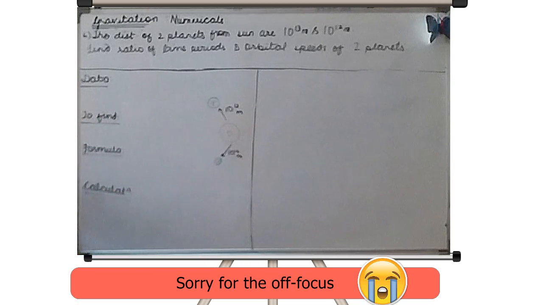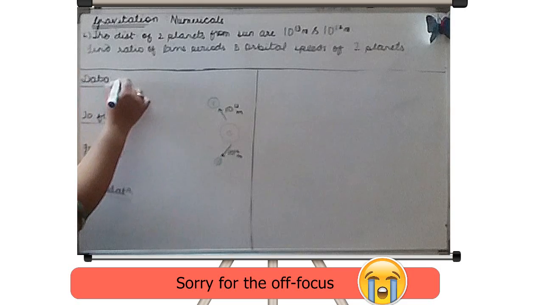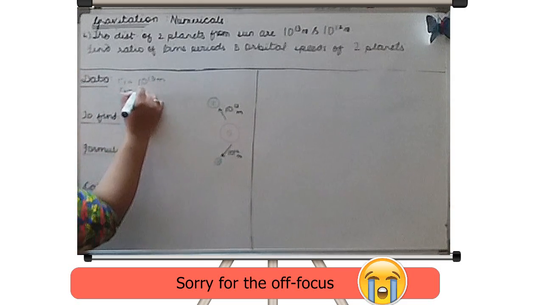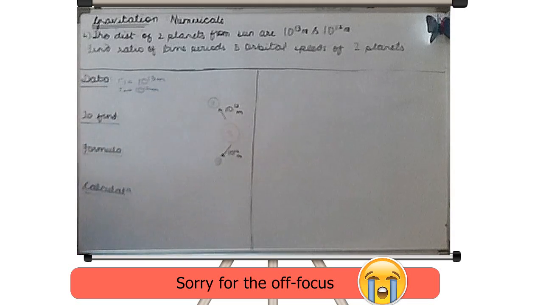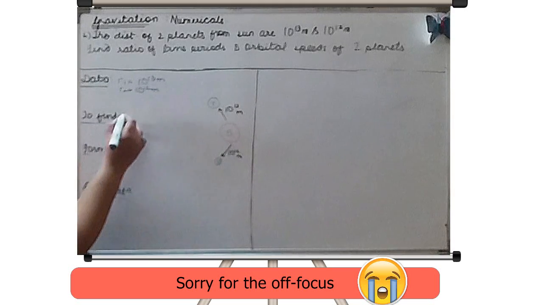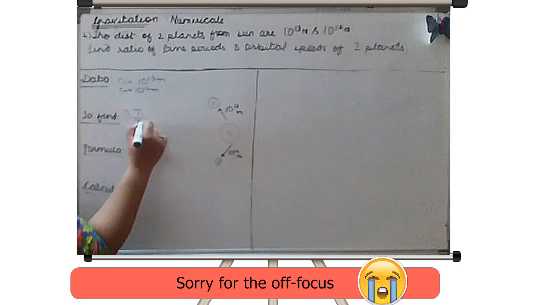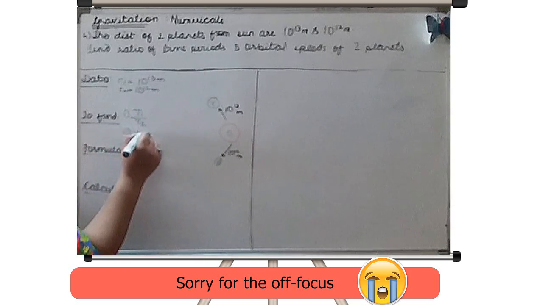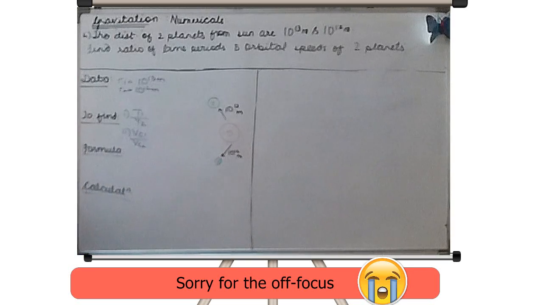The given data to us is R1 is nothing but 10 raised to 13 meter and R2 is nothing but 10 raised to 12 meter. We have to find first T1 upon T2, that is the ratio. Second, orbital speed, that is Vc1 upon Vc2, since there are two planets.